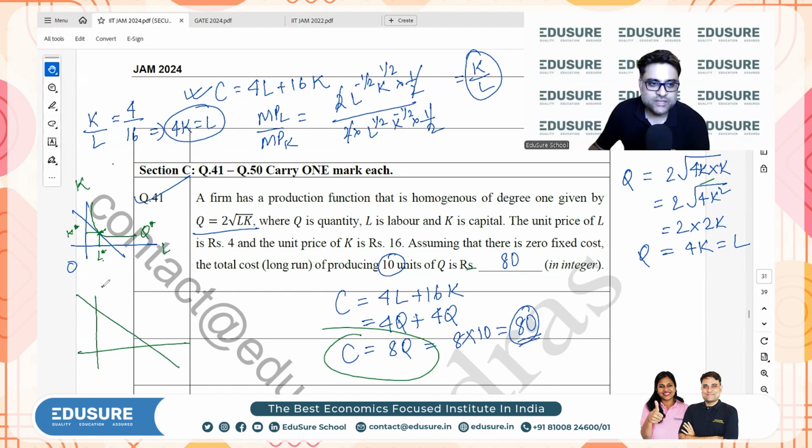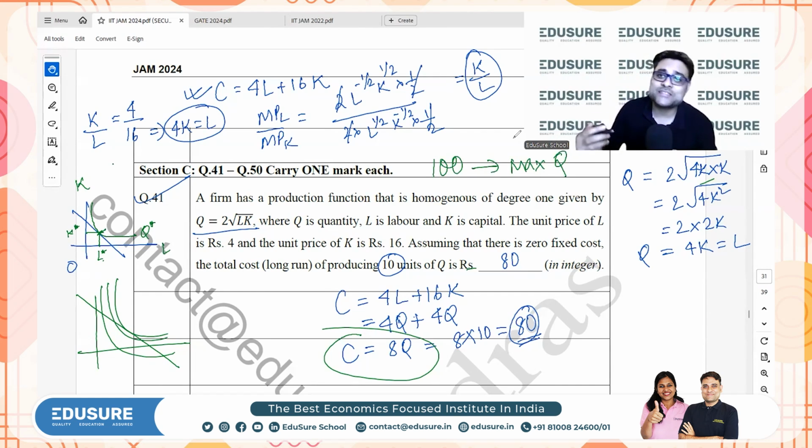So given a cost, there will be multiple isoquants, but which one will give me the highest quantity? As a producer, my goal will be, given a cost of say 100, how much maximum quantity can I produce? That will be given by the highest achievable isoquant that I can have.